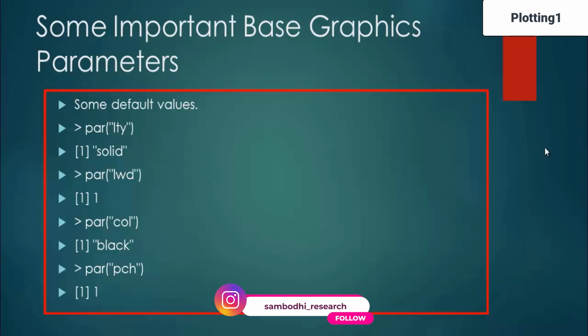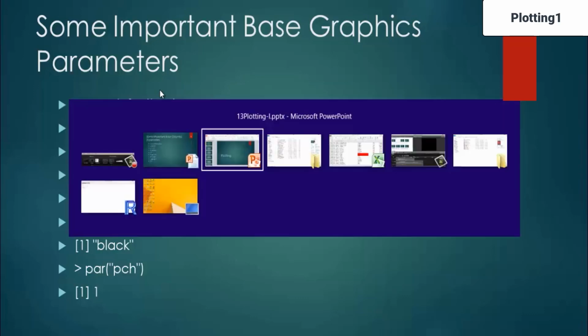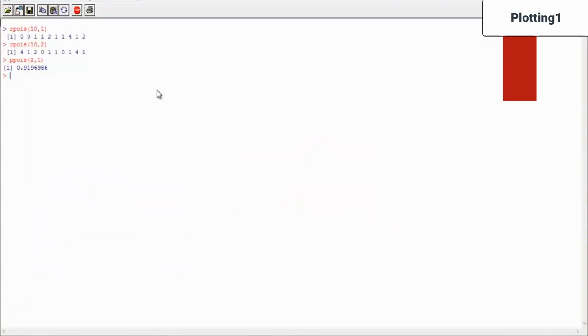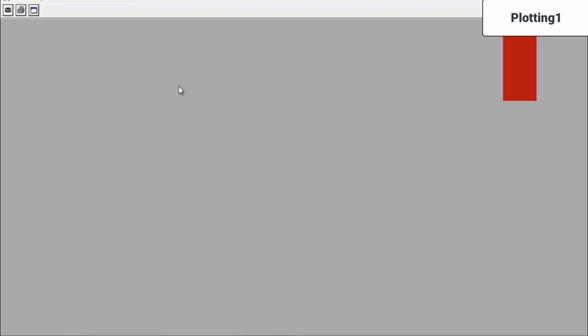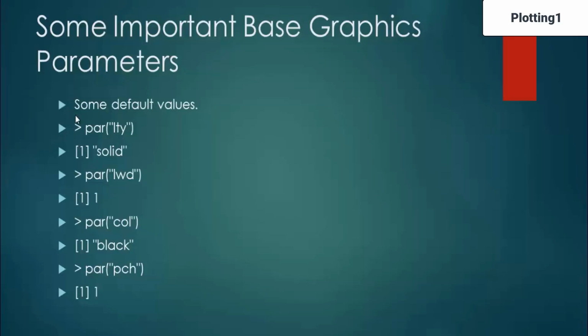If you want to see the default parameters, all you have to do is use the par function to get the default values. For example, if I want to get the par of line type, I can go to the R module and get par of LTY, and you'll get solid.